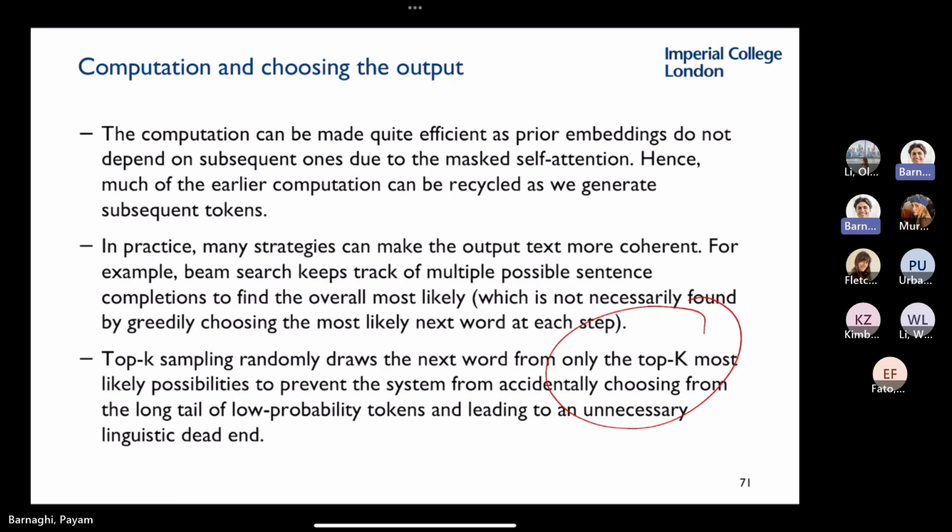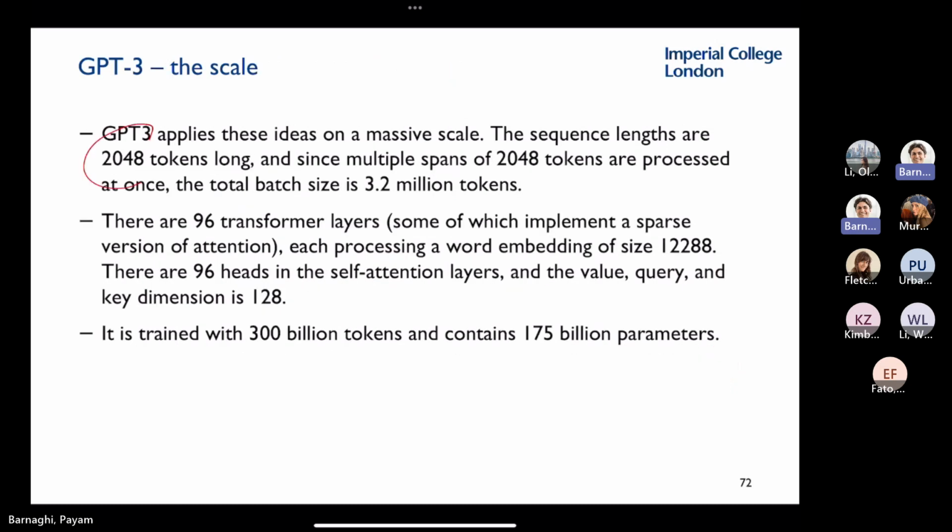But GPT-3's scale, now we have GPT-4, is that correct? GPT-3's scale is, the tokens here are encoded in 2048. This is twice the size of BERT. You see the embeddings now become 2048. And the batch size is 3.2 million tokens.